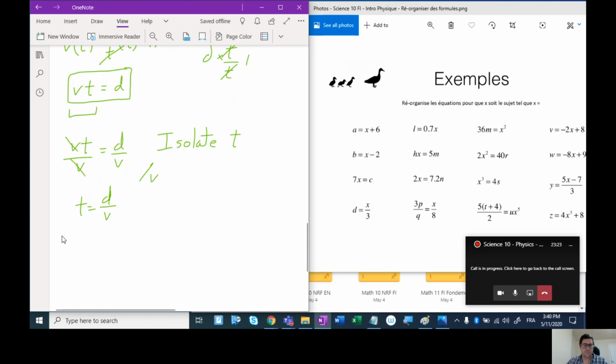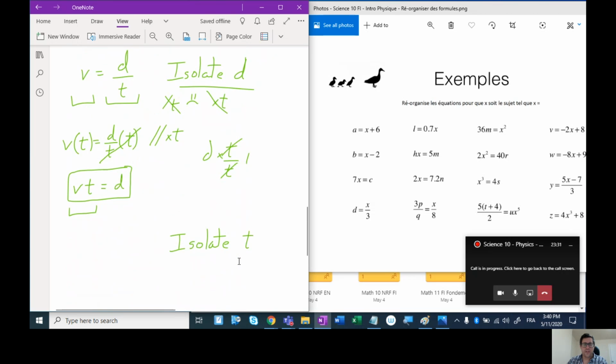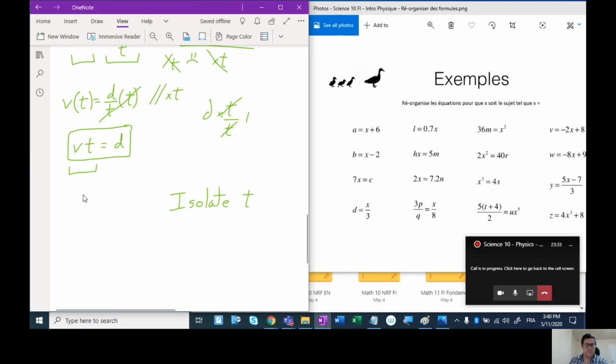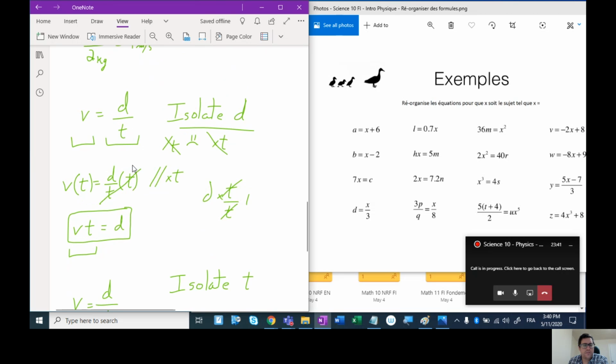So we're going to take the first statement, and we're going to do something very special that you may have never done before. V is D over T. Isolate T. Okay. So the easy part here was that we were asking ourselves for D, what is being done to D?